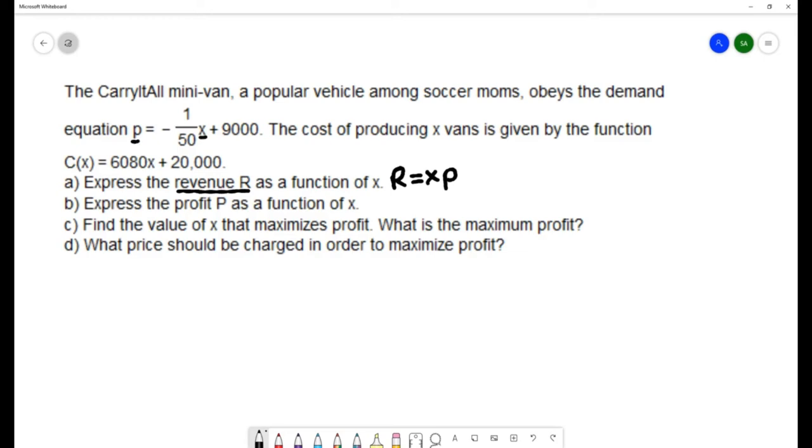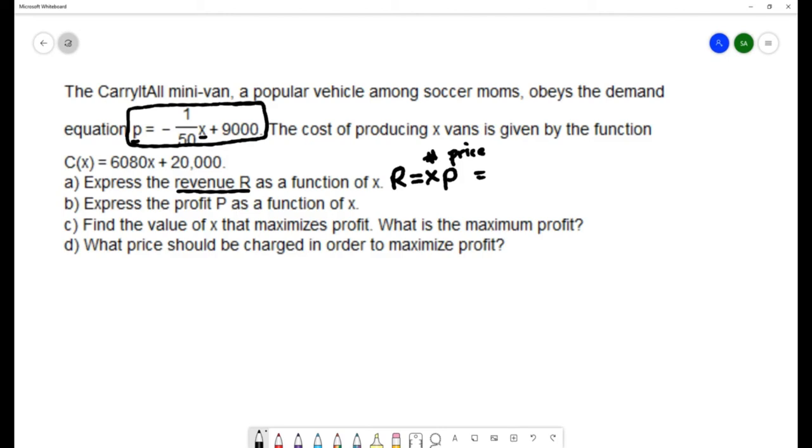Lowercase p is price, and X is the number of vans. So to find the revenue, we're doing the number of vans times the price. And we're going to use this demand equation to create that revenue function.